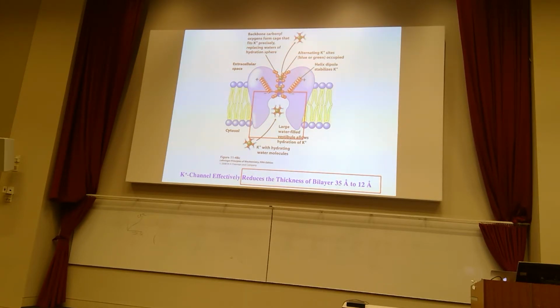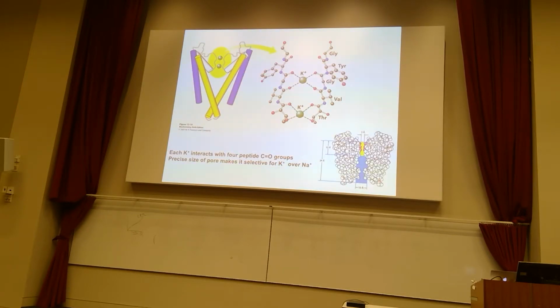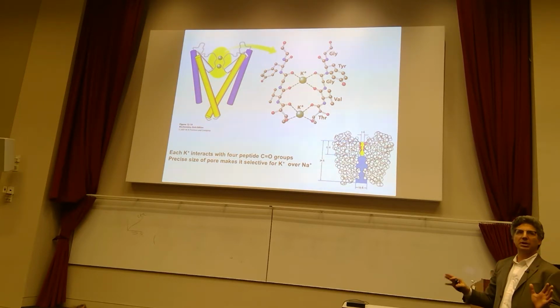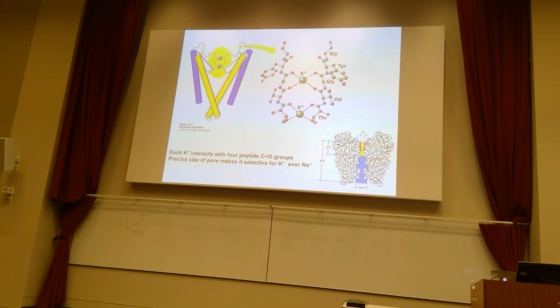So what allows potassium to flow through and not other ions such as sodium? That pore includes carbonyl groups that are pointing into it from the backbone of the protein that are organized just the right way that it can properly solvate potassium ions, with these carbonyl groups recognizing just the proper size of the potassium ion.